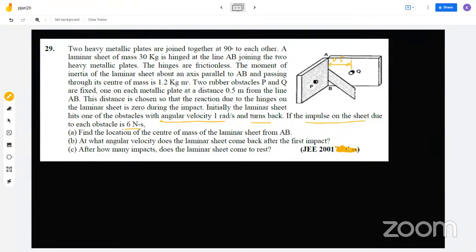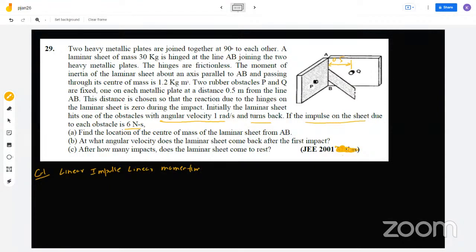So guys, how will you do this one? Linear impulse, linear momentum theorem. So the first concept: linear impulse, linear momentum theorem. From it the impulse comes, the impulse of the door stopper.